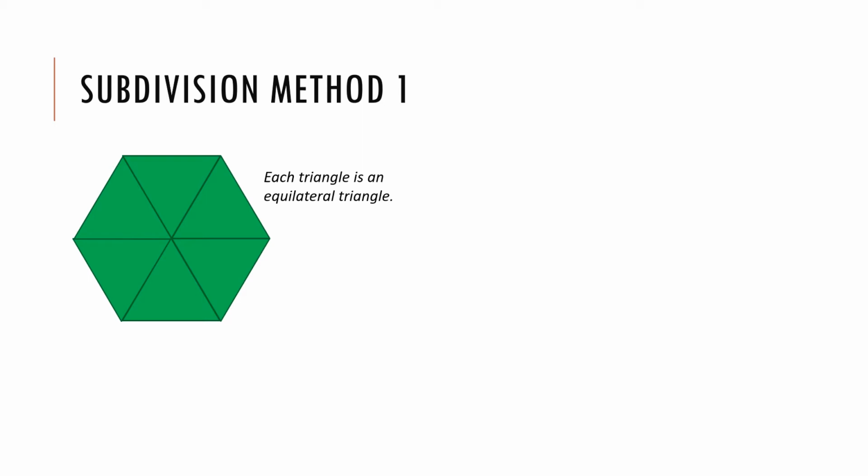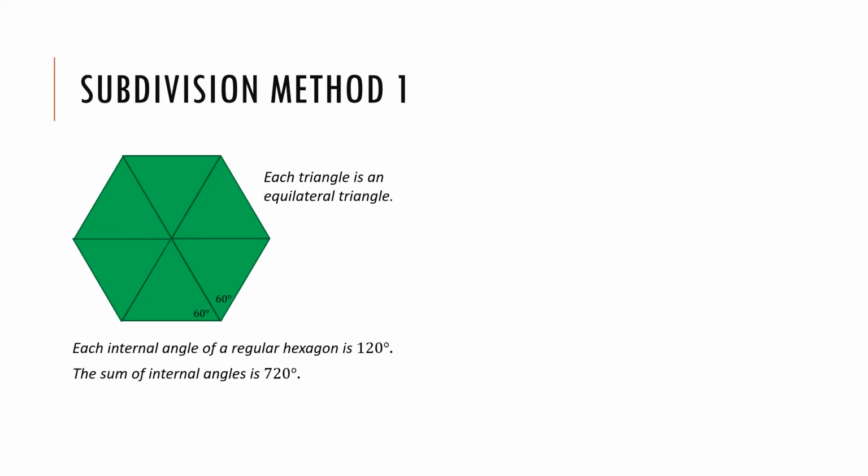Knowing that each triangle is equilateral, I know that this angle here is 60 degrees, and I have another 60 degrees, so each internal angle of a regular hexagon is 120 degrees. This gives me the sum of internal angles for a hexagon: 720 degrees.